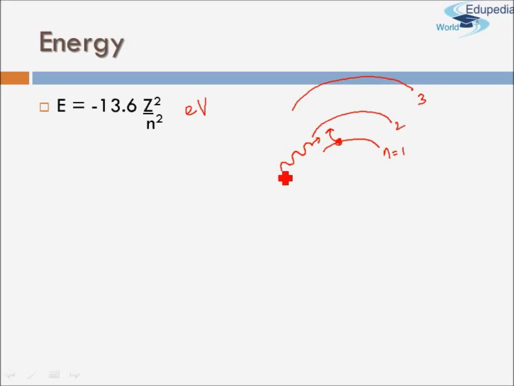A photon of frequency nu and energy h nu will strike the electron, and if that photon has energy equal to the energy difference between the second and first orbit, the electron can jump from the first to the second orbit. This results in absorption of this particular photon by the atom.